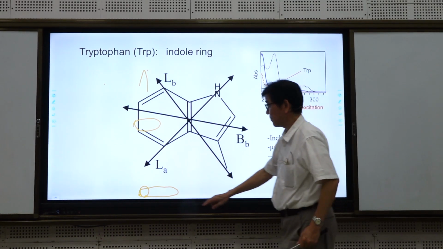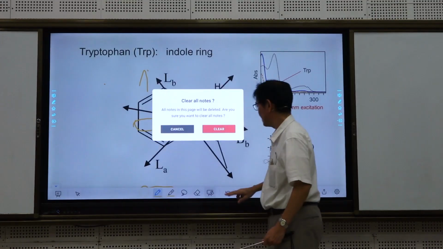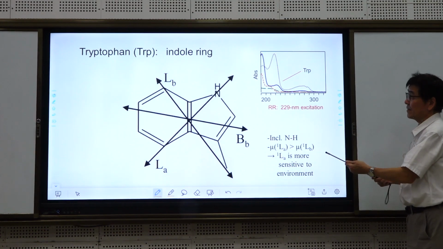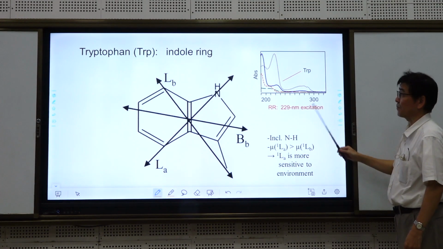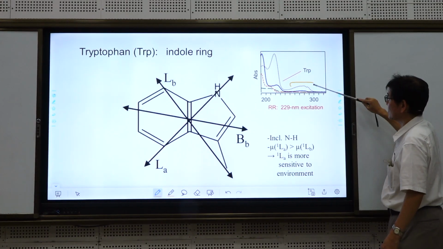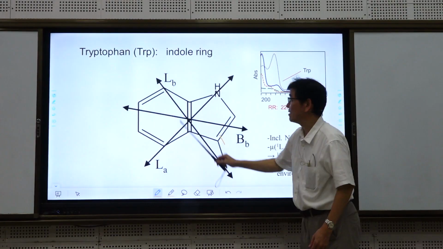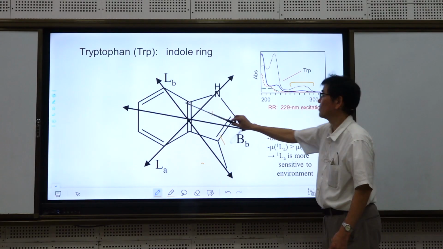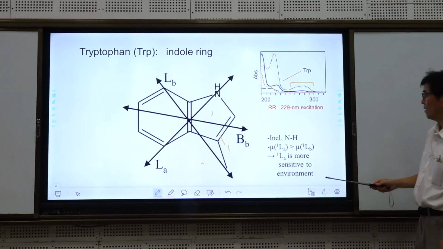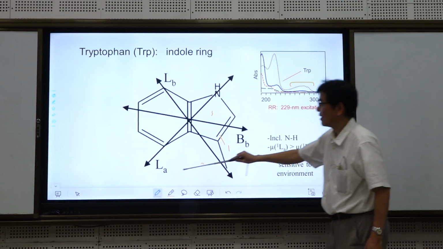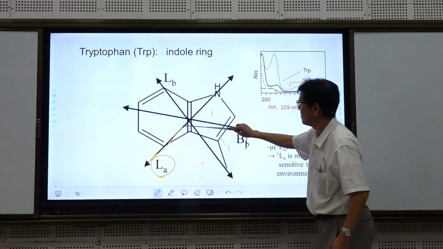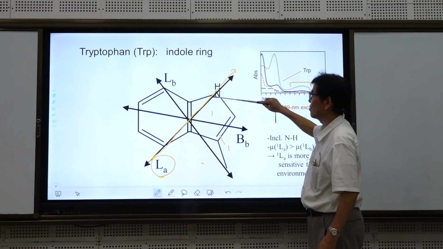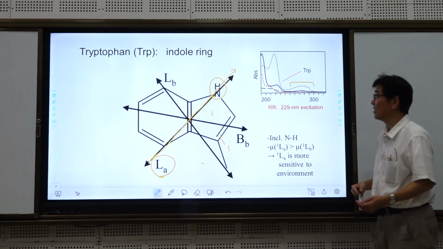This is a tryptophan side chain. And tryptophan side chain has a UV visible absorption. And in this region, there are two peaks, LA and LB. The transition moment directs this direction and this direction. And there is BB transition. And LA transition moment is sensitive to the condition of the NH hydrogen bonding.